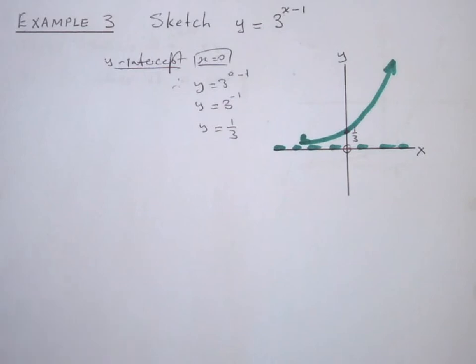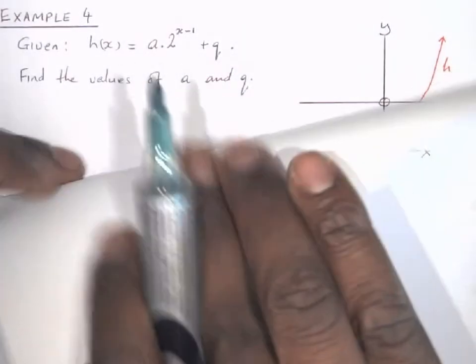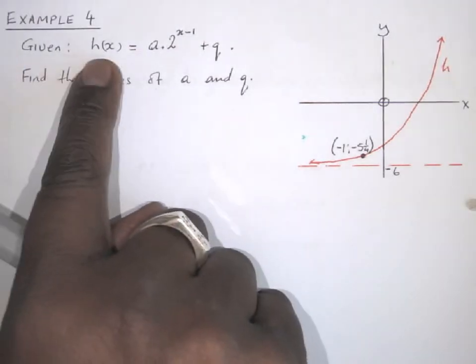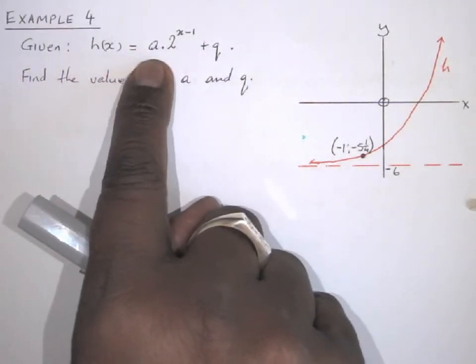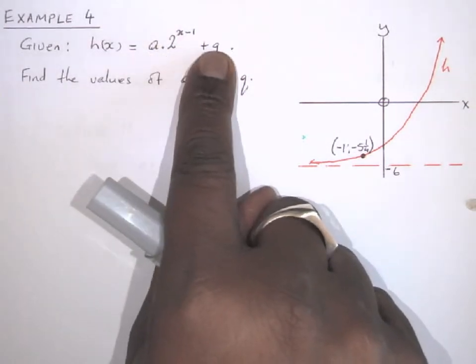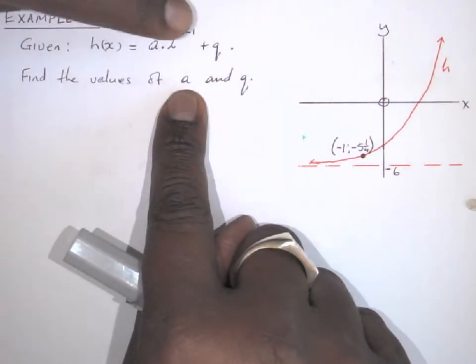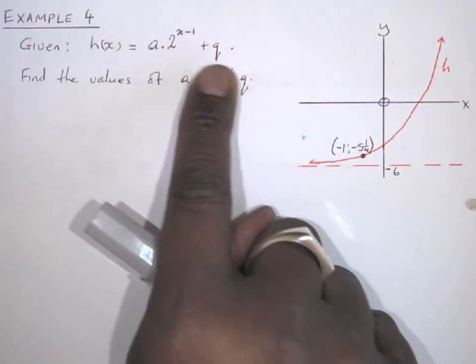Okay, now let's look at one more example. Suppose now they draw a graph for us. So this graph of ours is drawn, and then they say h of x is equal to a times 2 exponent x minus 1 plus q. They want us to find the value of a and the q. Remember what q was.